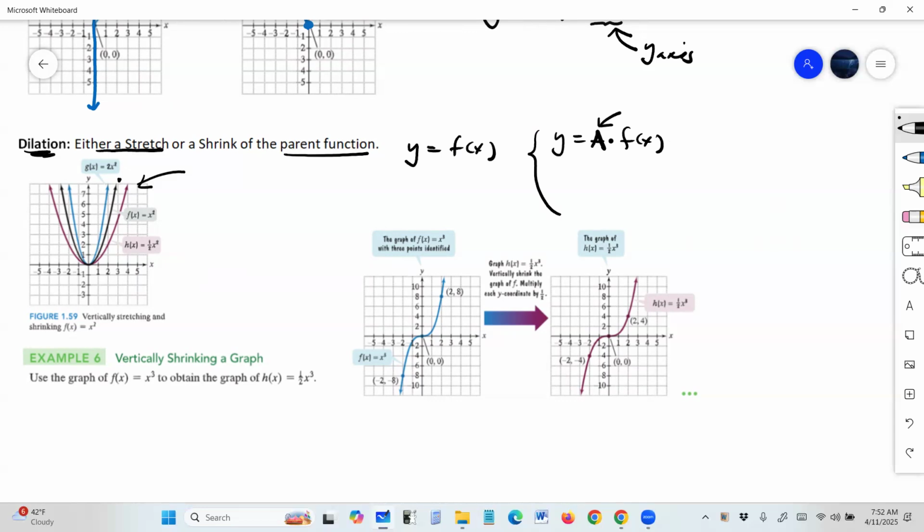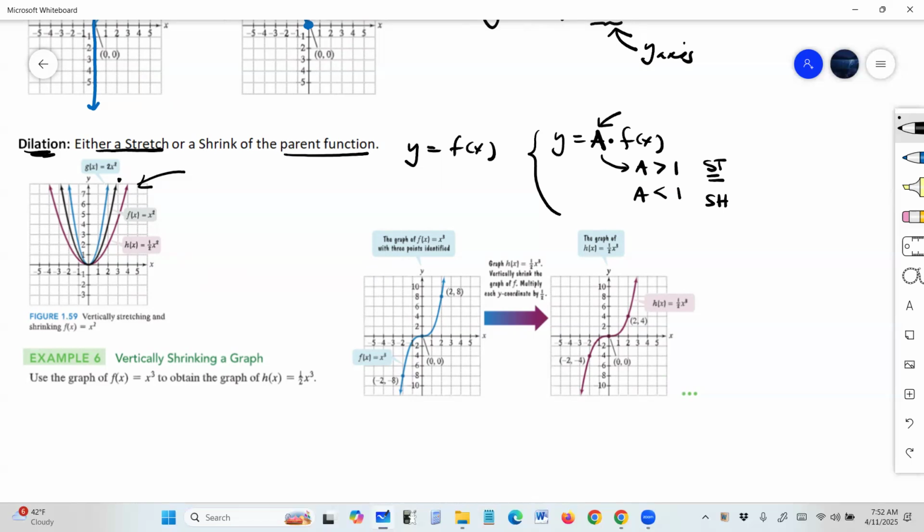This is a number, 2, 3, 4, 5, 6, 7, 10, or something smaller than 1, 1/2, 1/3, 2/3, and so on and so forth. If A is bigger than 1, we call it a stretch. If it is smaller than 1, but still positive, we call it a shrink.